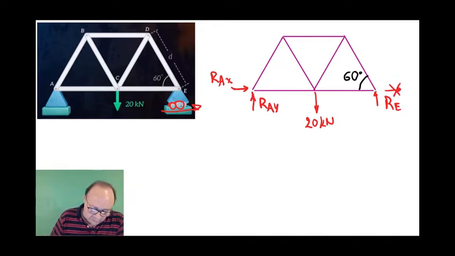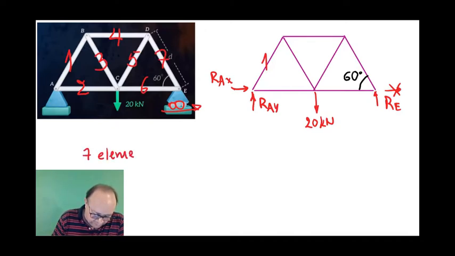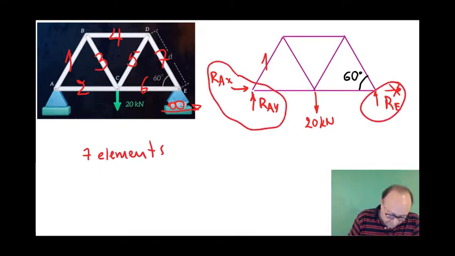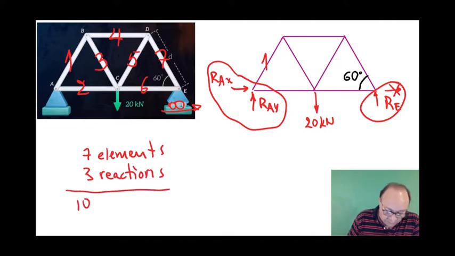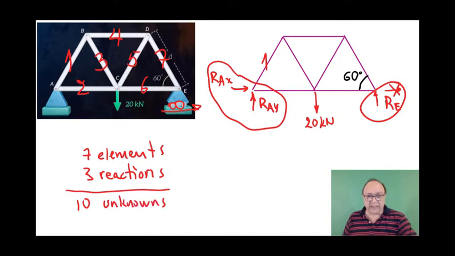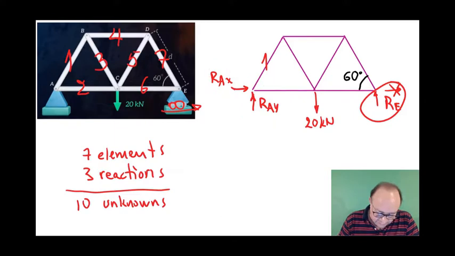So in this case, we want to find the forces in 1, 2, 3, 4, 5, 6, 7 elements. 7 elements, and we have 1, 2, and 3 reactions. So in total, in this case, we are going to find 10 unknowns.